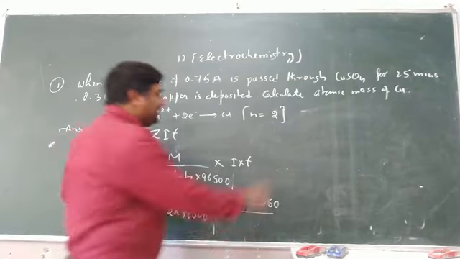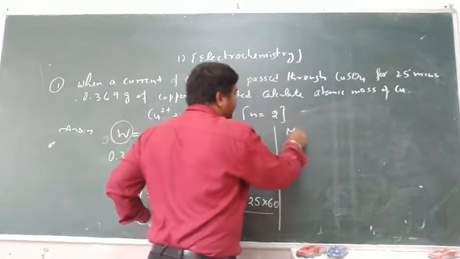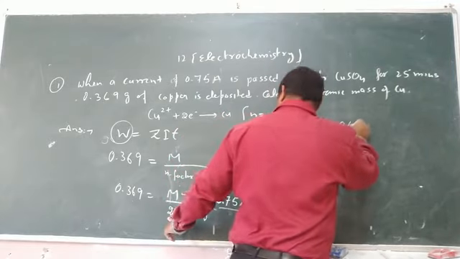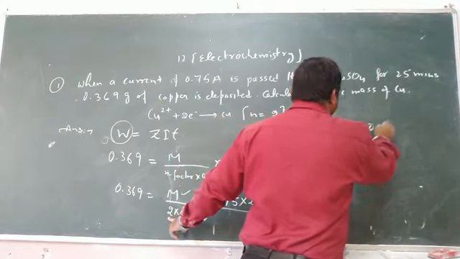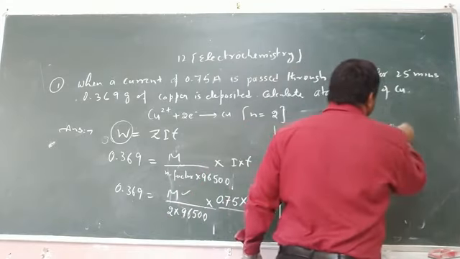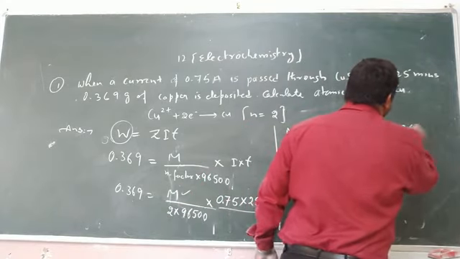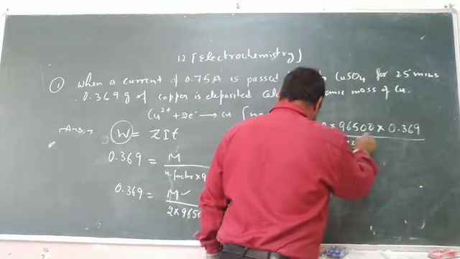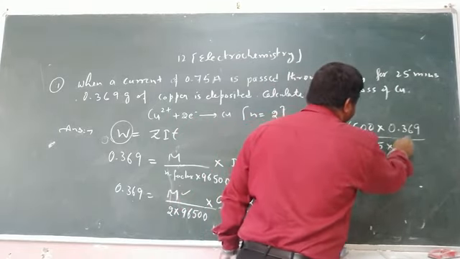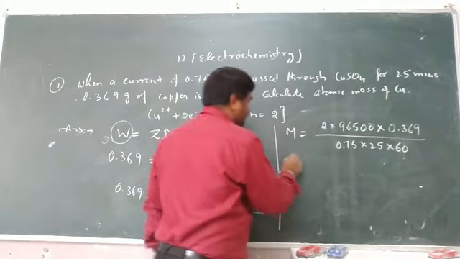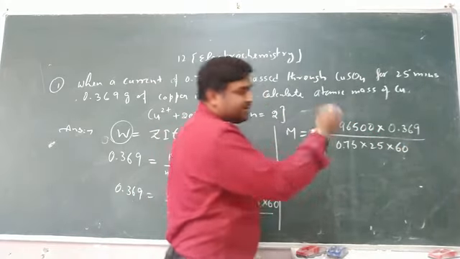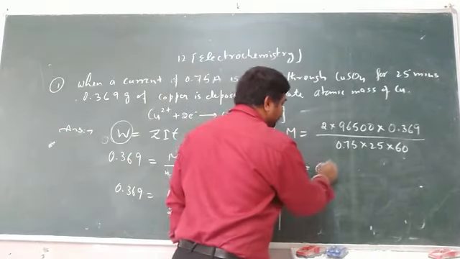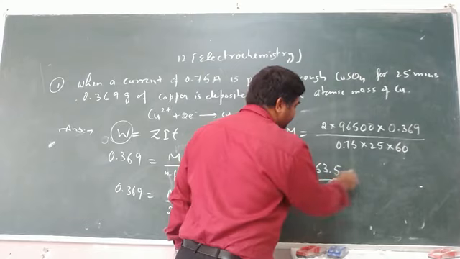So now cross multiply. Molar mass will be 2 into 96500 multiplied with 0.369 divided by 0.75 into 25 into 60. So when we solve this numerical, the value is coming around 63.5 gram.